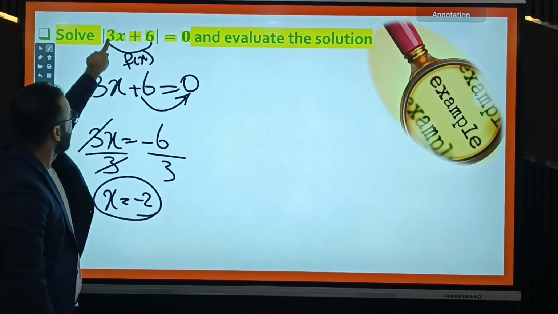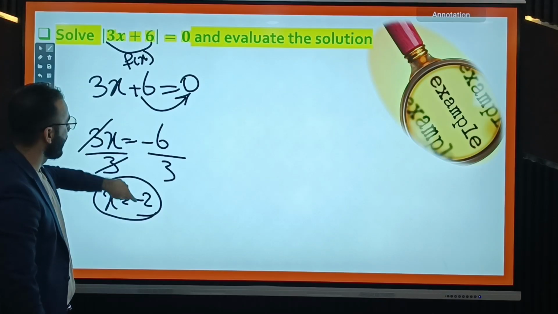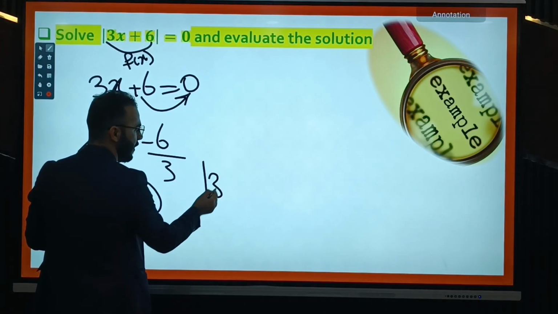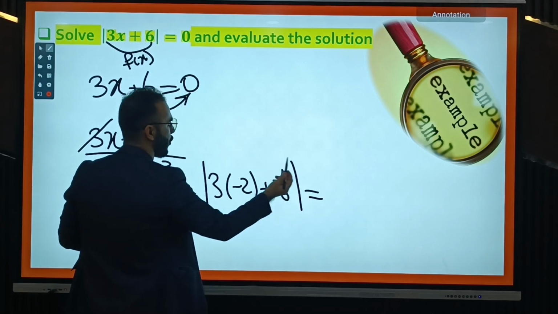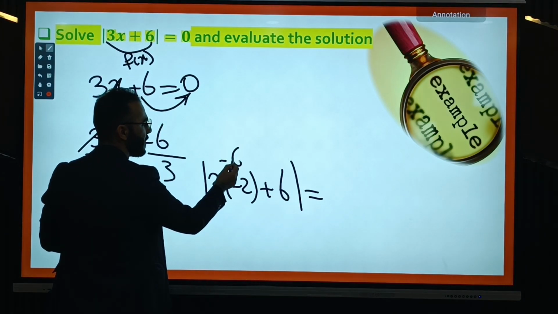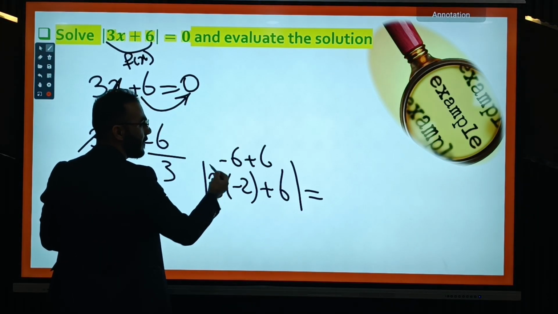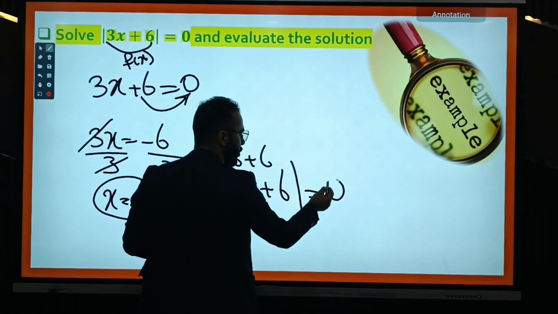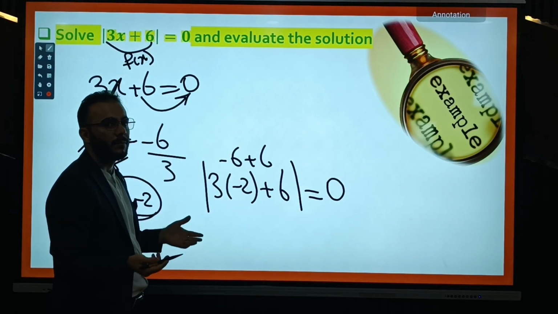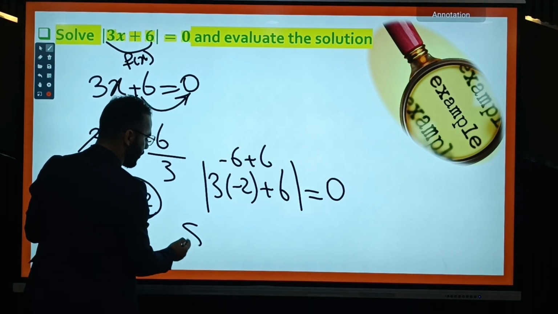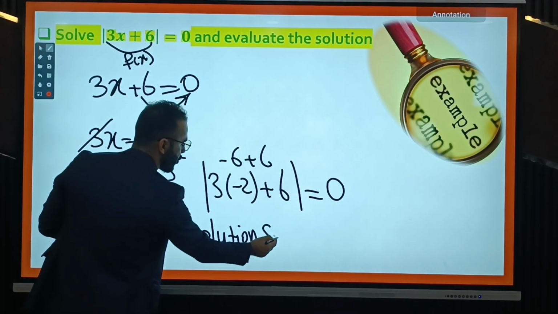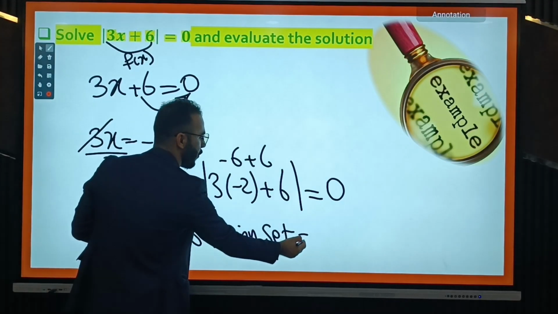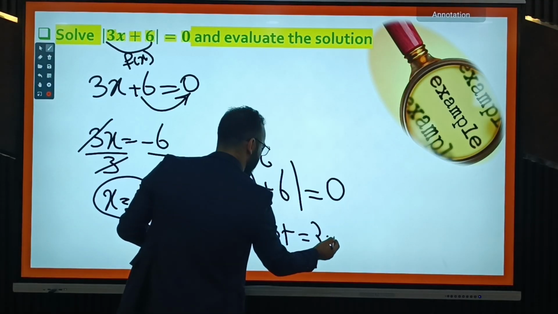So instead of x, put negative 2. 3 times negative 2 plus 6. Is it equal to 0 or not? 3 times negative 2 is negative 6, plus 6. Inverse operation, so the result is 0. So that means that our solution set equals only negative 2.